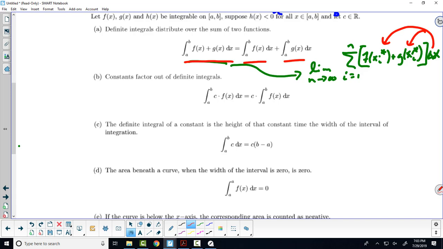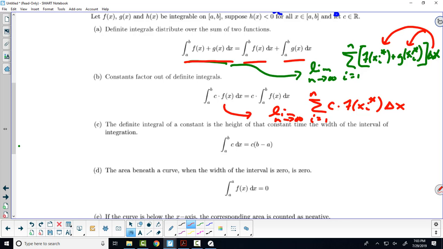All right. The next one is again kind of the same idea. This right here would be the limit as n goes to infinity of the sum from i equals 1 to n of c times f of xi star delta x. But c doesn't have a counter variable with it, right?